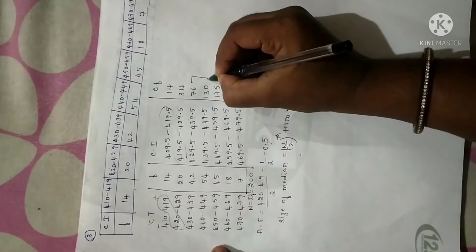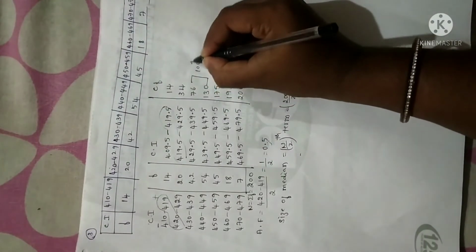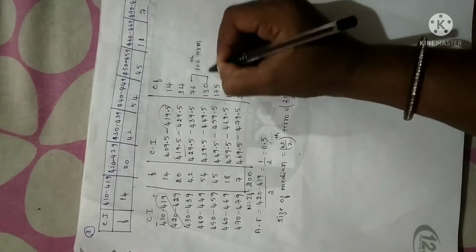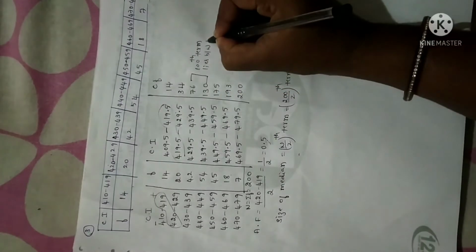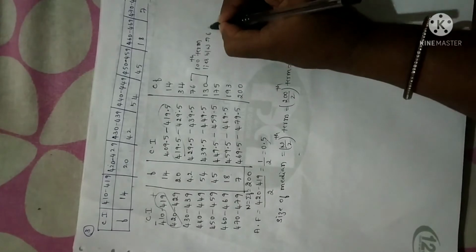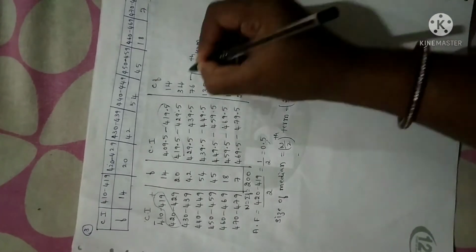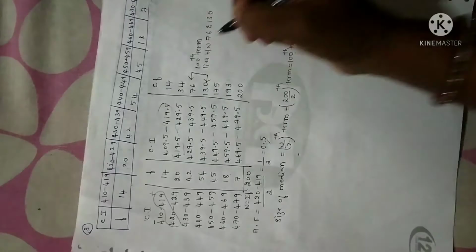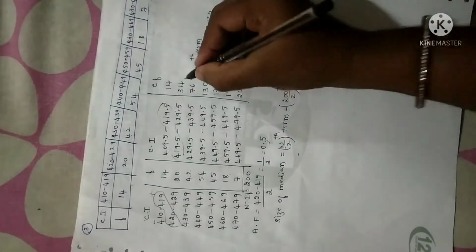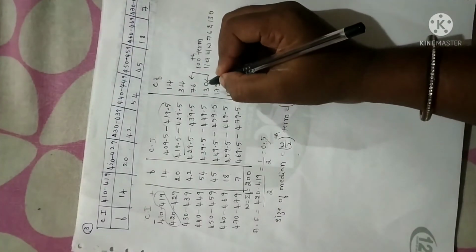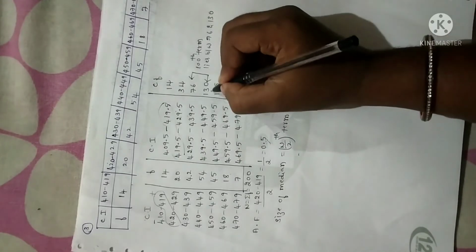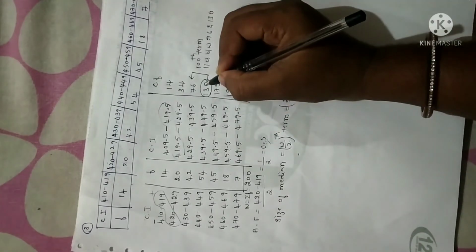We can clearly see that the 100th term lies between 76 and 130. Among 76 and 130, the higher value is 130, so we choose 130 as the required cumulative frequency.